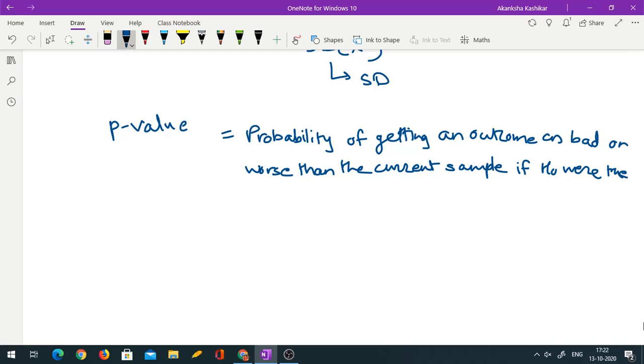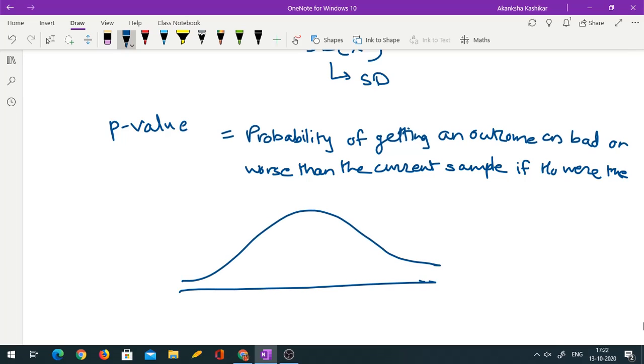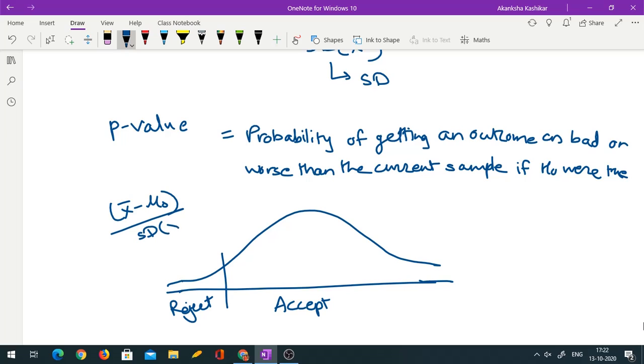Okay, I know this is slightly difficult to digest, so again let me try to explain with the help of a diagram. So we know that this is, suppose, the distribution of the test statistic, and we said that we have, say, an acceptance region here and a rejection region here. Suppose for my current sample, the value of the test statistic that we computed, x bar minus mu naught upon standard deviation of x bar, is this.